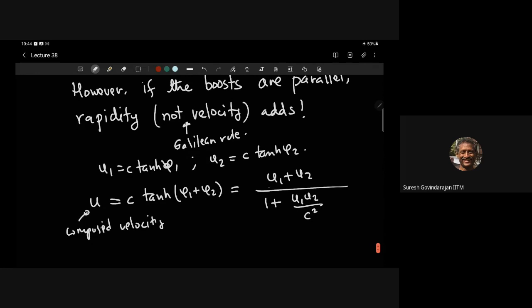If either one of u1 or u2 is small, this will be approximately u1 plus u2, that is, if u1 by c is much less than 1, or u2 by c is much less than 1, or both. So that is the Galilean limit. Again, we see that Galilean boosts hold only in the limit of small velocities. This is the key thing.